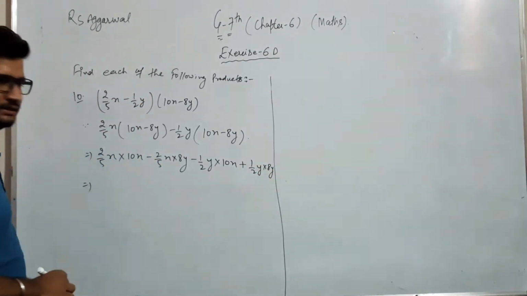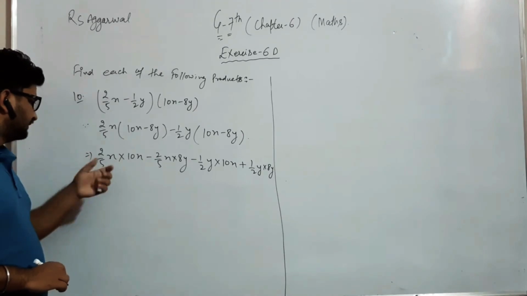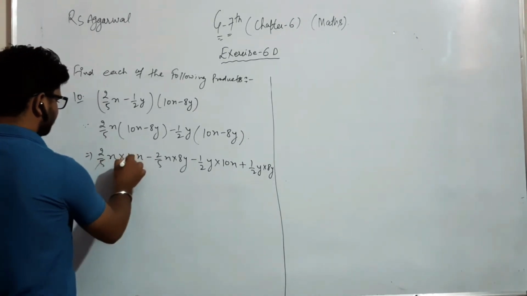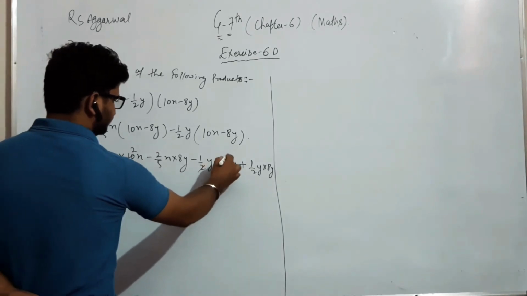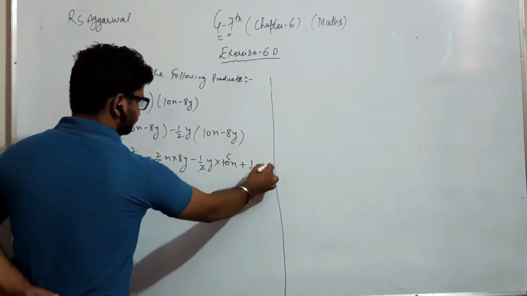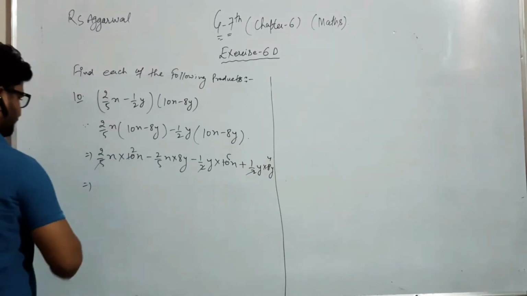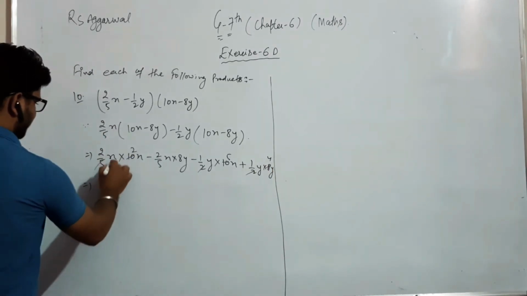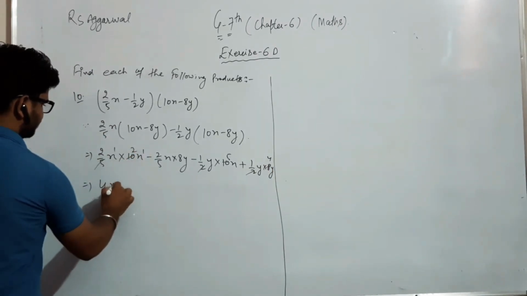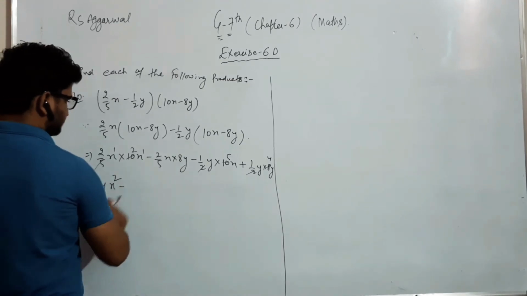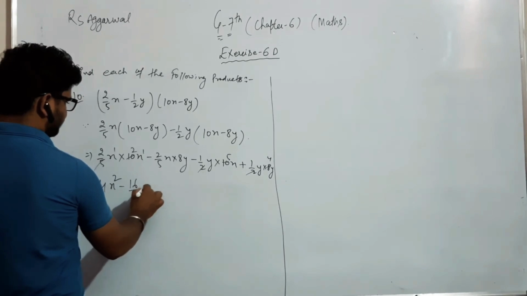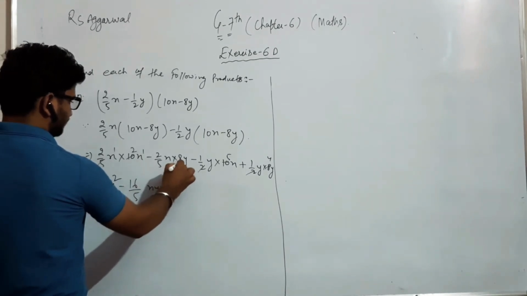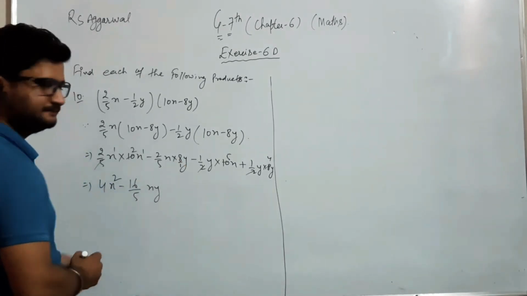Okay, now we cut the numerator and denominator. 5 twos are 10, and 2 fives are 10, and 4 twos are 8. So what is left: 2 twos are 4, x raised to power 1, x raised to power 1, it is x raised to power 2, minus 2 by 5, so 8 twos are 16 by 5 xy. We write 8 as 8 by 1.